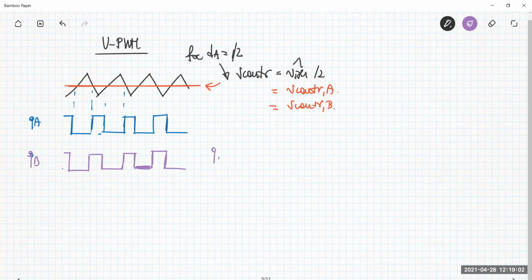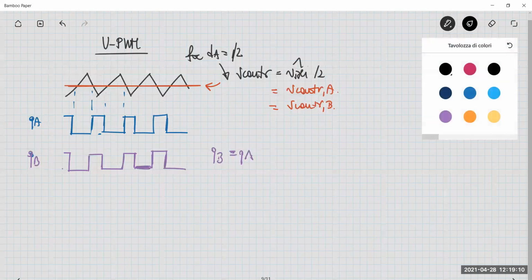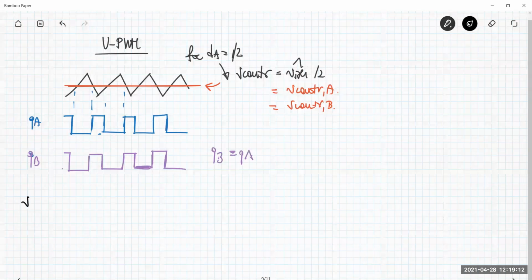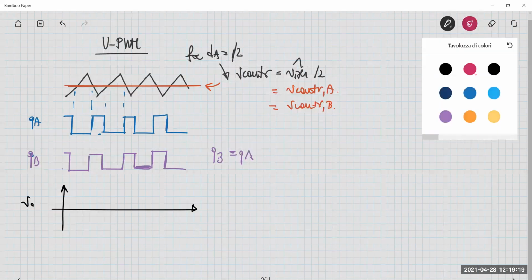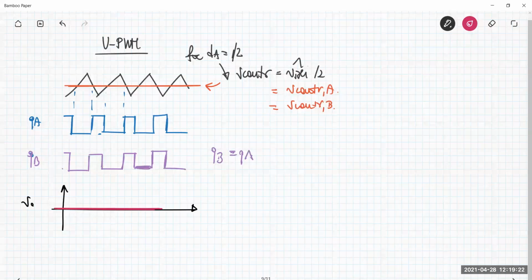So QB is basically the same as QA. So what happens to the output voltage? The output voltage is constant, and it is null. So we have no ripple because we have no voltage. The voltage is null, and so the current is not flowing.